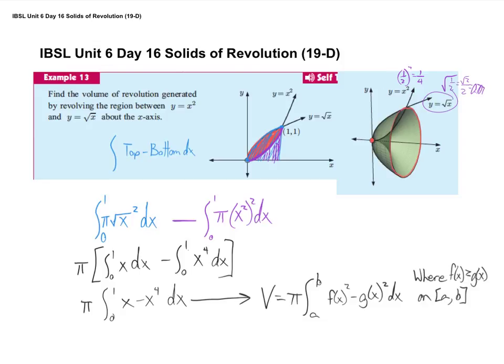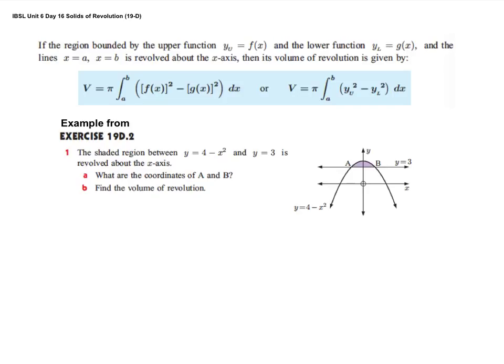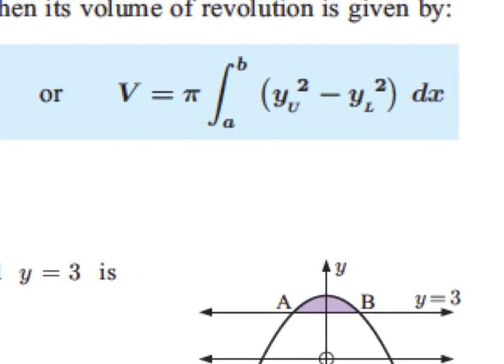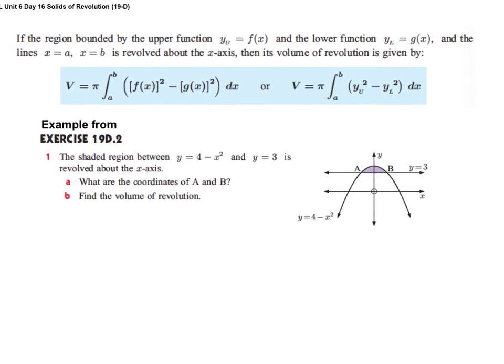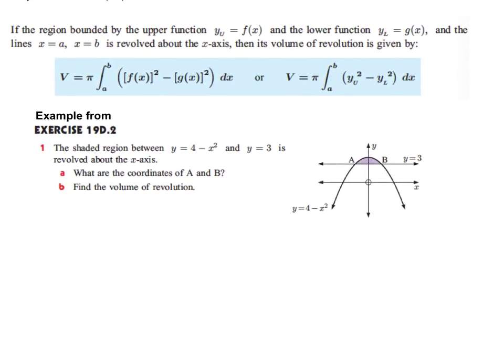Okay? So let's work out an example all the way through here. Here's a little more formal version of the formula. You'll notice here they call it y sub u and y sub l, so upper and lower function. Or they say here that f of x is just greater than g of x.